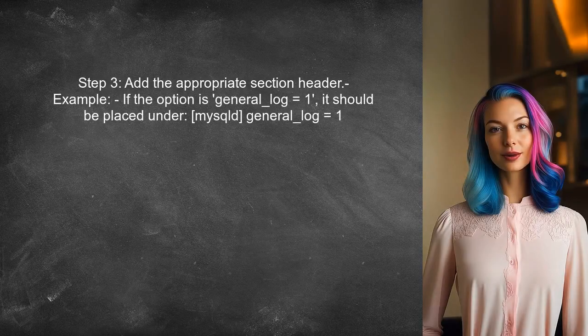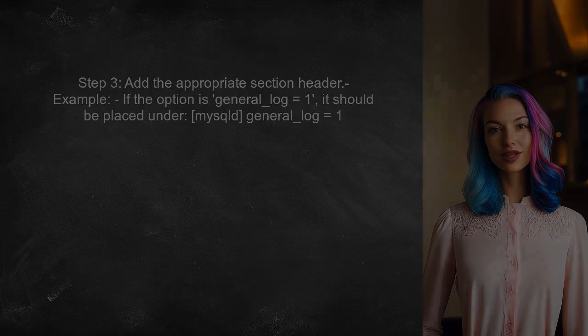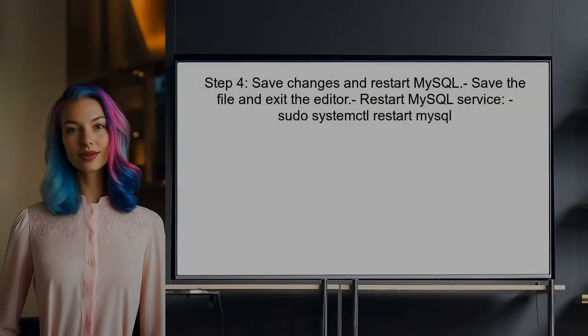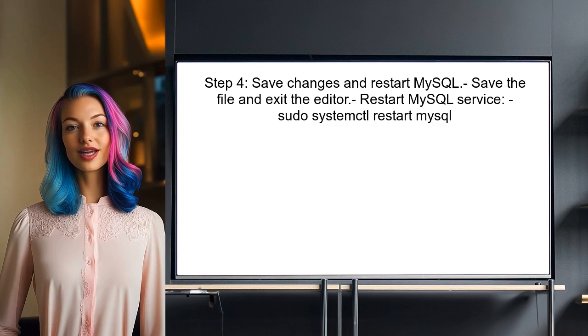If the user finds an option that is not under a group header, they should add the appropriate section header above that option. For example, if the option is related to the MySQL server, it should be under the mysqld section. After making the necessary changes, the user should save the file and exit the text editor.